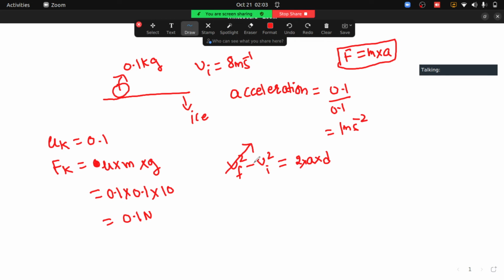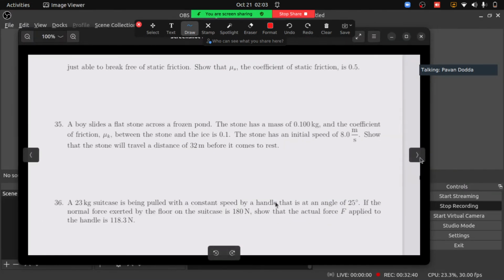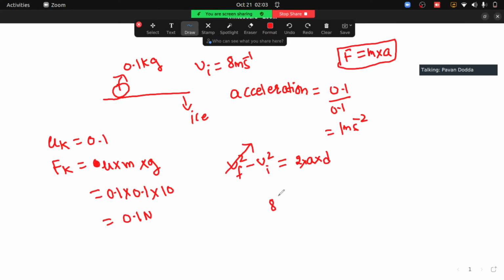The initial speed is 8 meters per second, and the final velocity will be 0 because it comes to rest. Exactly, so 0 equals 2 times the acceleration, which is 1. Actually it is negative, because frictional force always opposes the motion.